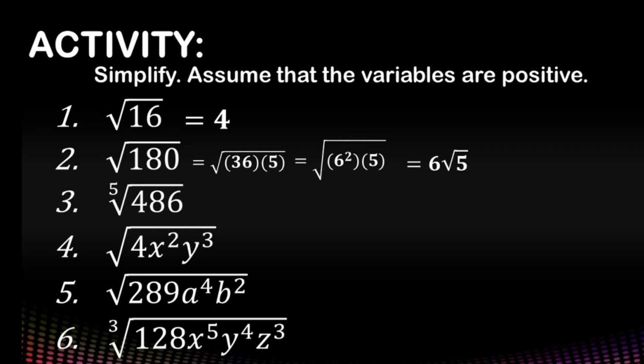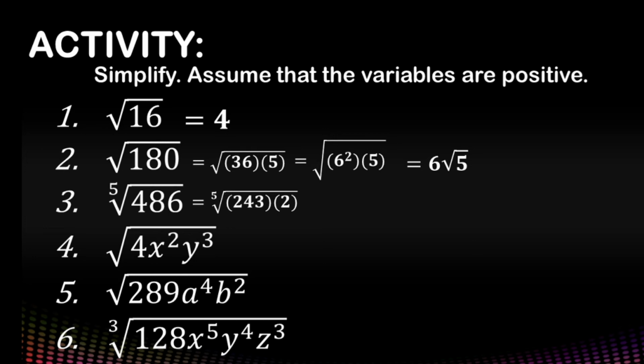Next, we have the fifth root of 486. We need to determine the factor of 486 which could be written as a power of 5, and that factor is 243.